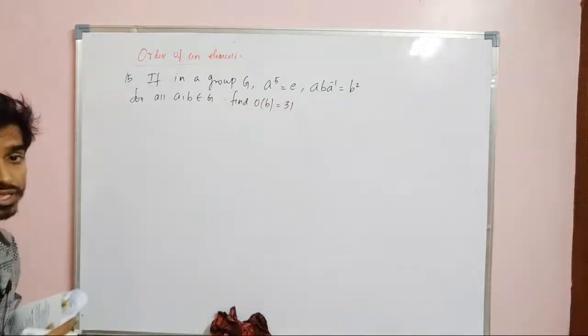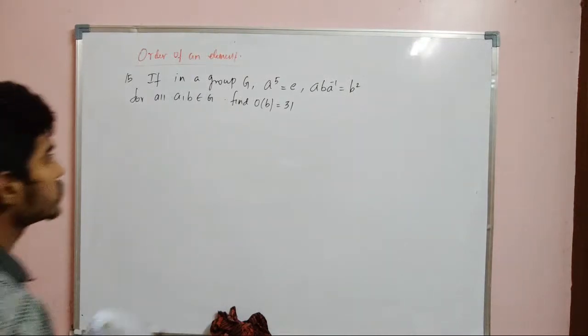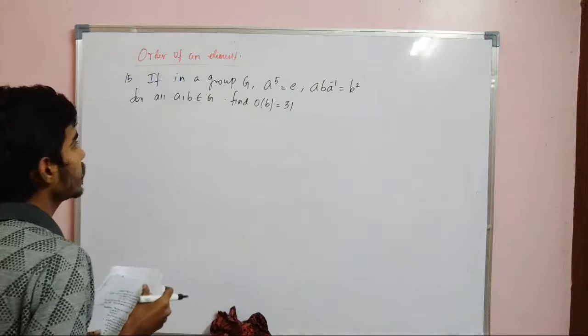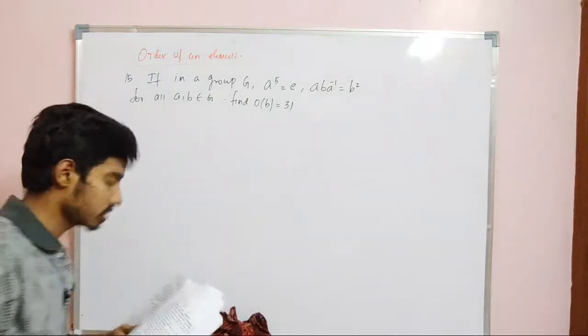So in a group G, if A power 5 is equal to E and ABA inverse is equal to B square for all A, B belongs to G, then we need to show that the order of this B is 31.